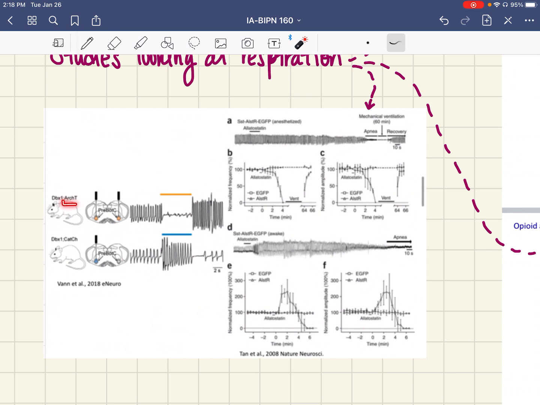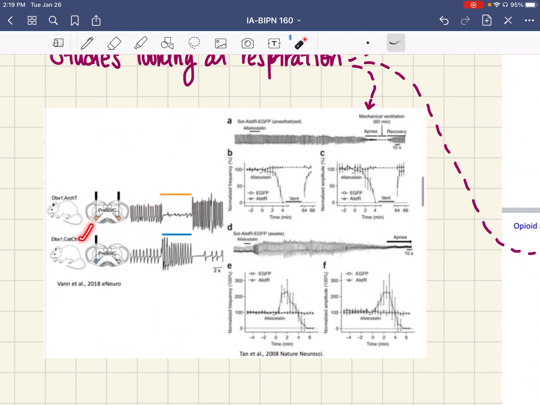They used something that is called ArchT, and this is an inhibitory optogenetic tool. So once you shine a light on this optogenetic tool, then they were able to inhibit the pre-Botzinger complex of this mouse. And by inhibiting the pre-Botzinger complex, you see how this mouse was breathing, and then there is a cessation of breathing. So the breathing stops.